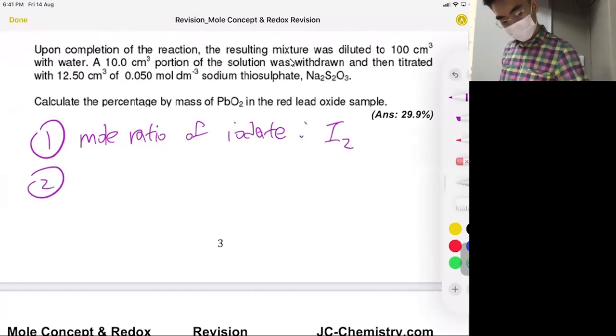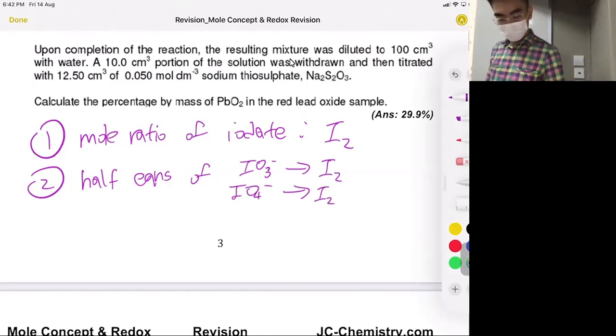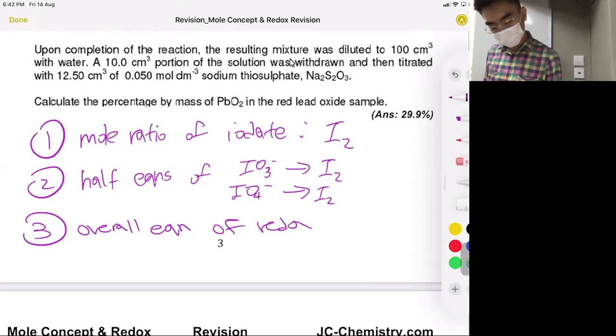Number 2, half equations of IO3 minus to I2 and IO4 minus to I2. Okay. Then after that, get the overall equation of redox equation number 2.